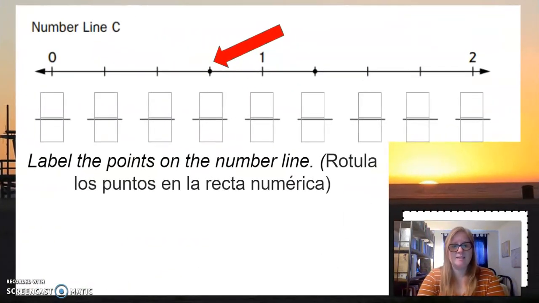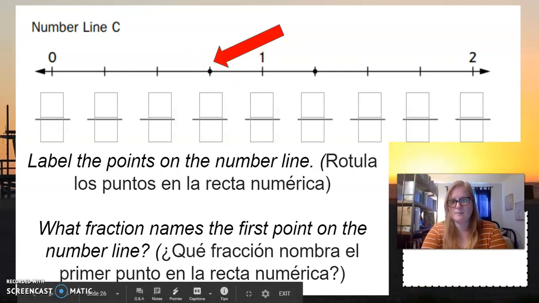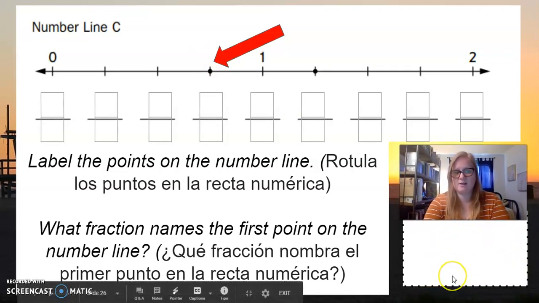So label the points on the number line. Okay, so this would be 0/4, 1/4, and so on. Then what fraction names the first point on the number line? So now after you've made your prediction, now you're actually going to tell me what this fraction is, and you're going to put it right here in this box, right under here.